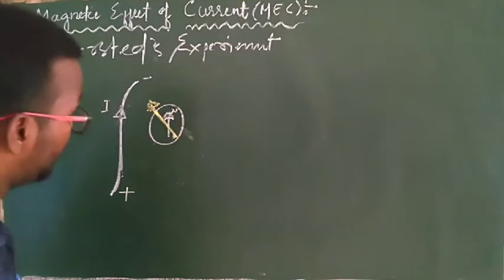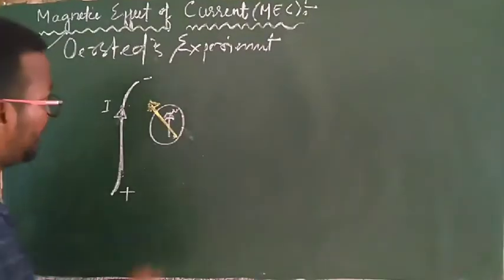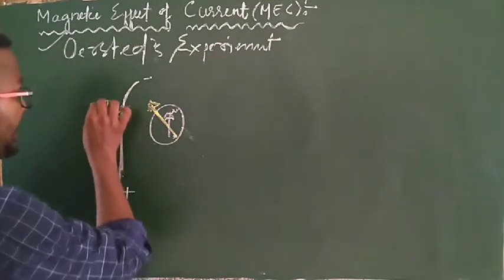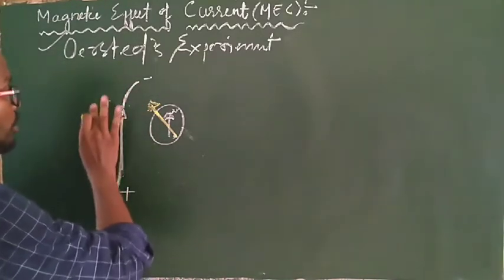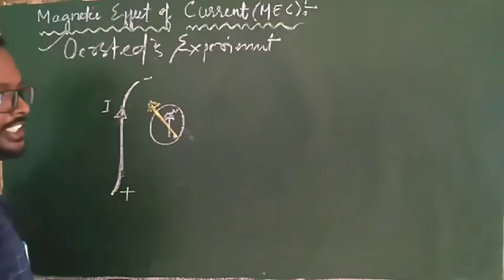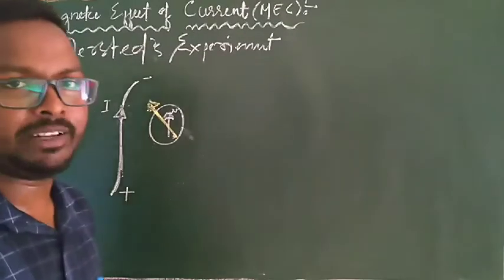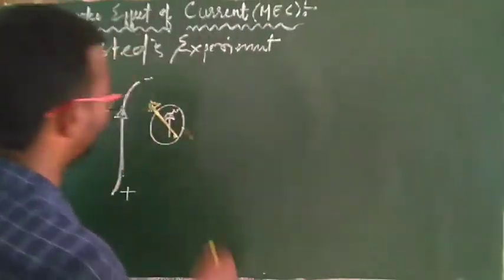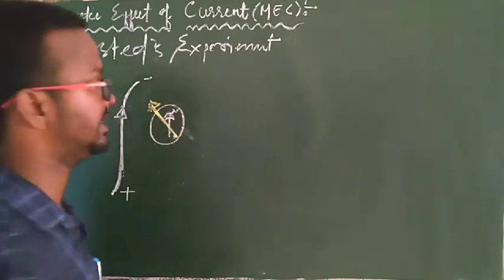Why? Due to magnetic effect. From this experiment we conclude that when current flows through a wire, a magnetic field develops around the current carrying wire, due to which this magnetic needle deflects.